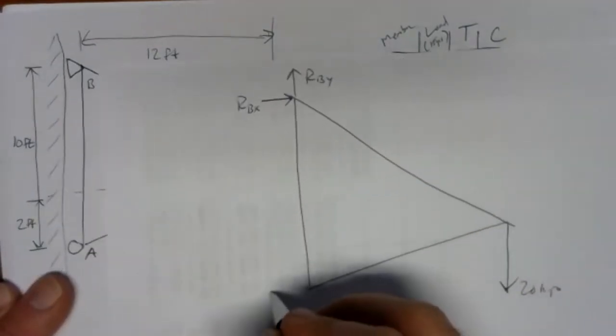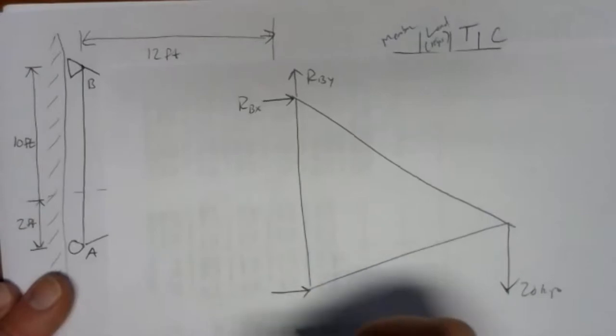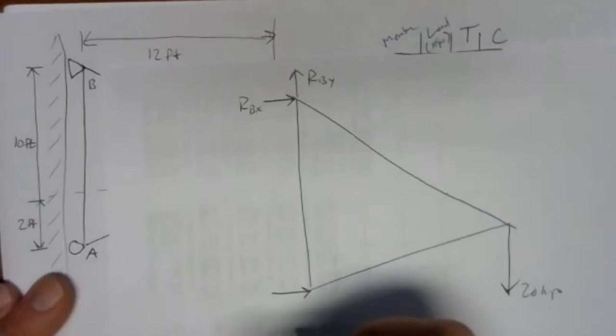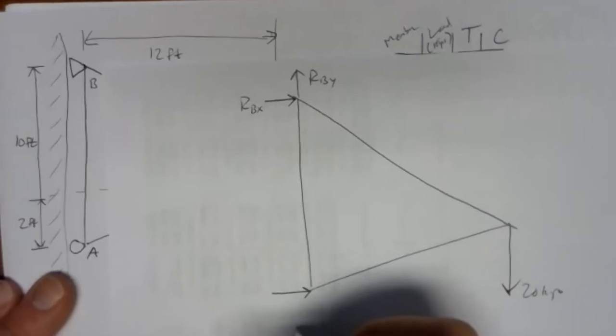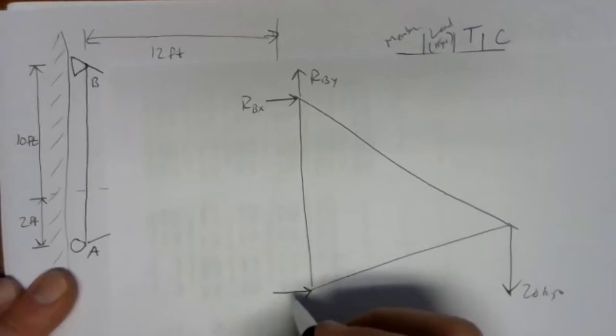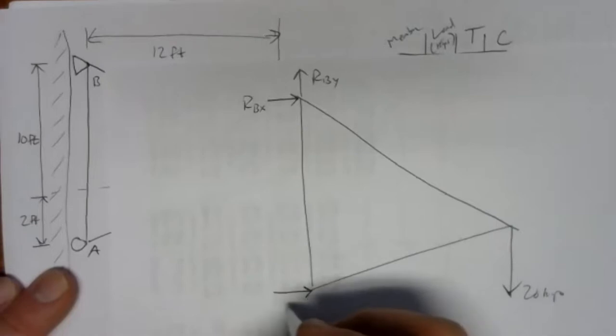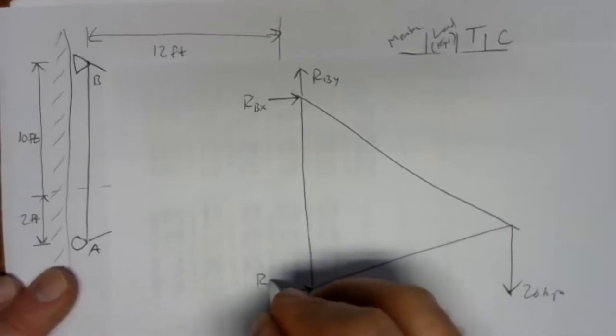Down here at A, we've got a roller. And rollers exert a force perpendicular to the surface they're on. In most of the problems we've done, that surface is the ground, so it applies a force vertically, but here it's a wall. So it's applying the force horizontally. So that'd be RAX.